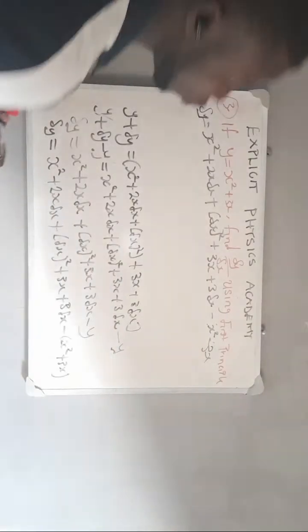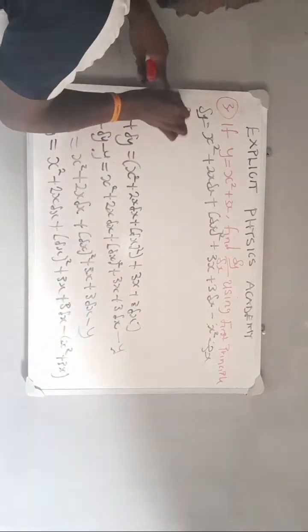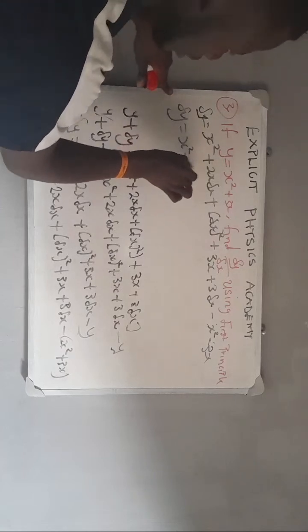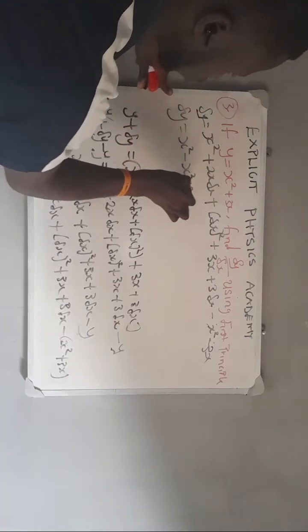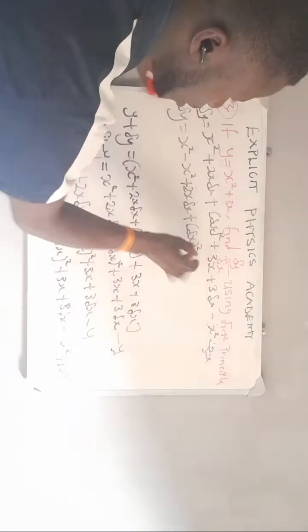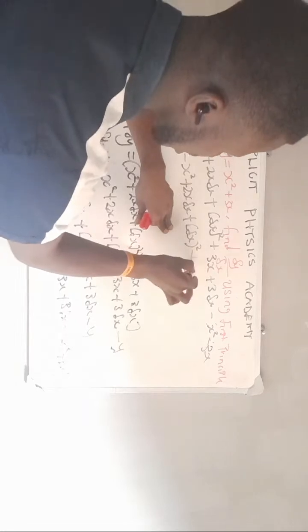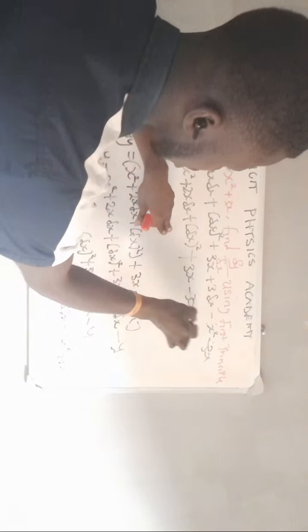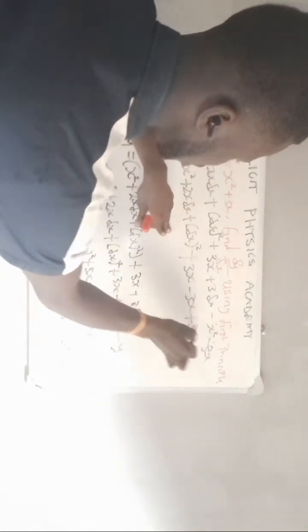So from here, what do we do? We collect like terms. The del y will be equal to x squared minus x squared, plus 2x del x plus del x squared plus 3x minus 3x plus 3 del x. So here goes, here goes, here goes.